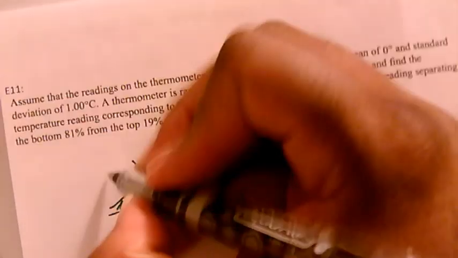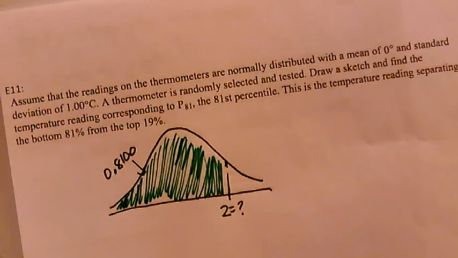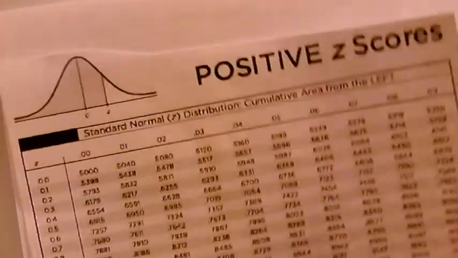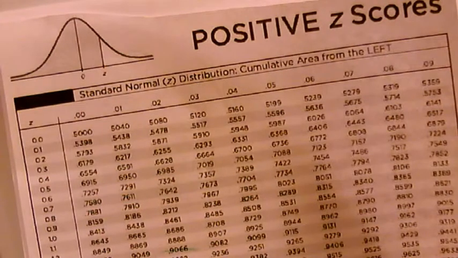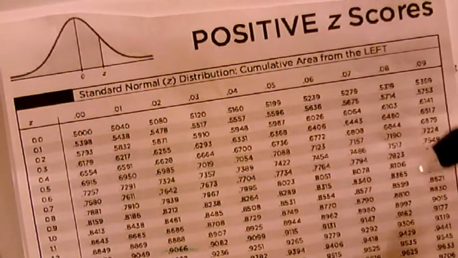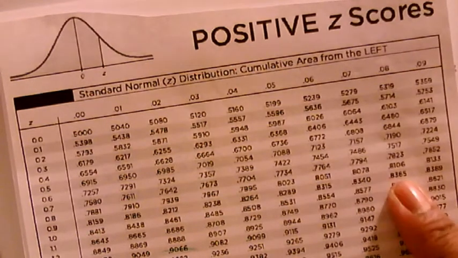So in this case here, 81% as a decimal would be 0.8100. And it's bigger than 0.5, so we'll go ahead and find it. Now you're not going to find 0.8100 in this table, but you want to find a value that is closest to 0.8100, and in this case it's going to be 0.8106.